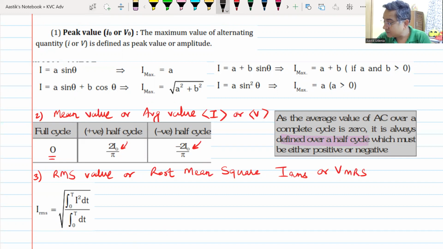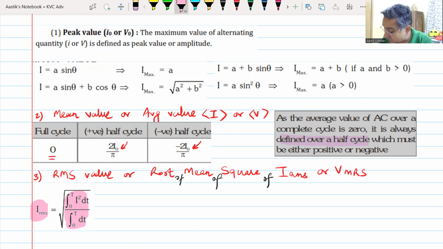I call it root of mean of square of current. So first I take current and I square it. Then I take the average value of that, and then I take the root. That is known as the RMS value of voltage or RMS value of current.